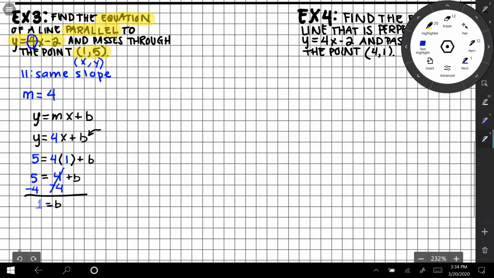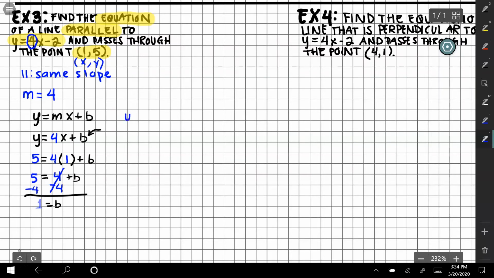Alright, so now I'm going to go back up here. I have y equals, I know my m is 4, x, and I know my b is 1. And this will be my final answer.